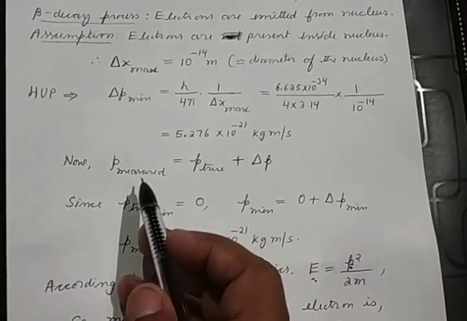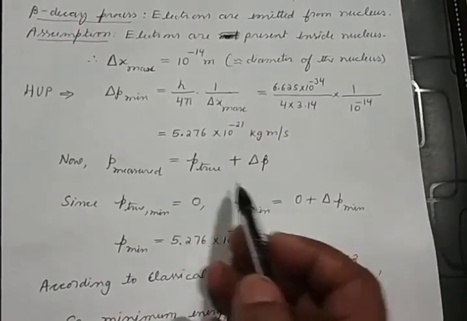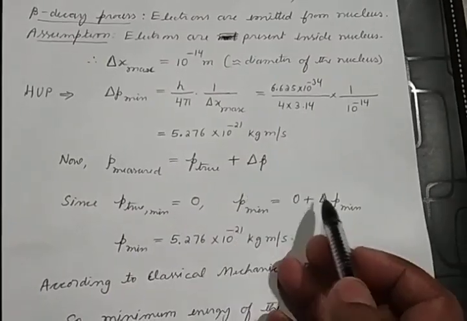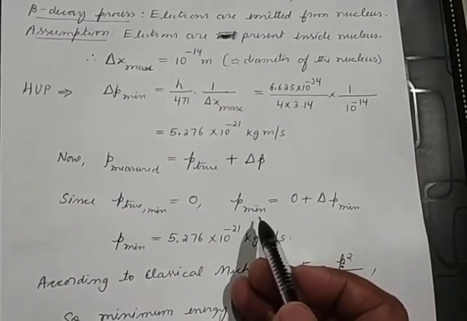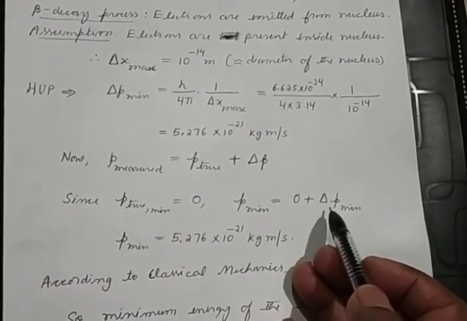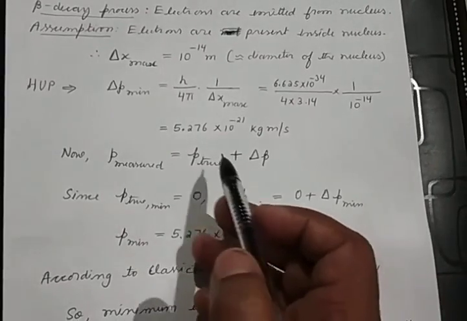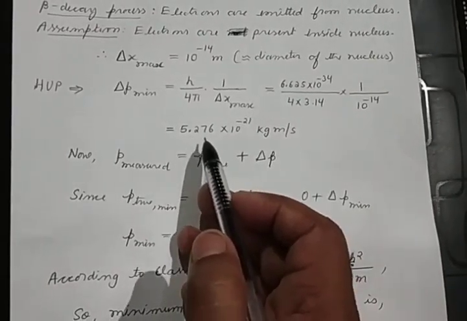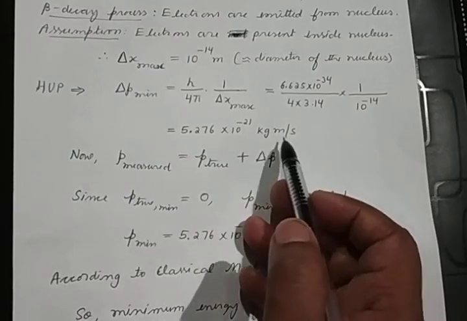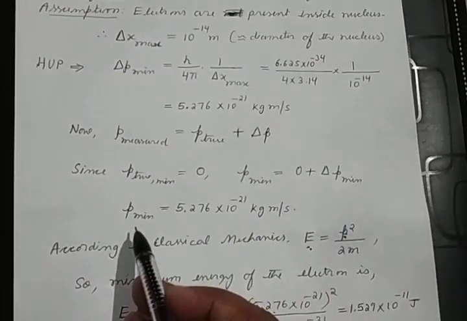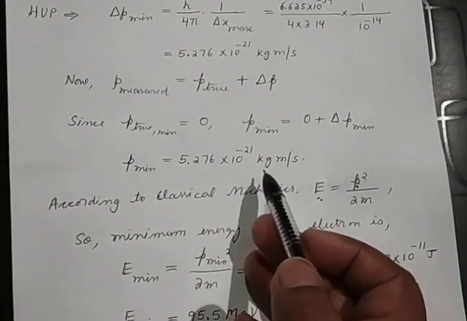Therefore the measured minimum momentum is equal to 0 plus delta P minimum. So the minimum momentum is equal to the minimum uncertainty in the momentum, which we already got: 5.276 into 10 power minus 21 kg meter per second. Therefore the minimum measured momentum is also equal to the same value.